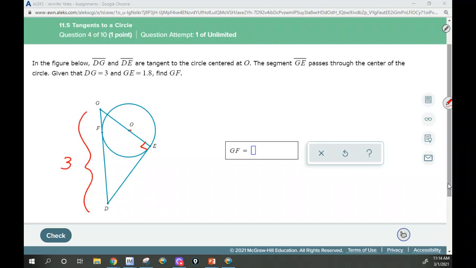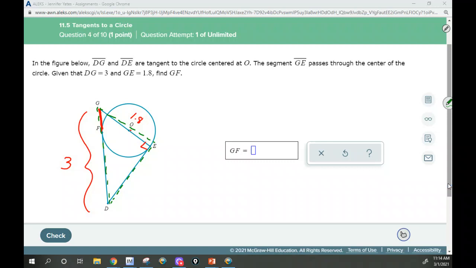And then we know GE is 1.8. And we want to know this little guy right here. That one looks kind of weird, doesn't it? Yeah. Now, what I want you to focus on is this triangle right there.